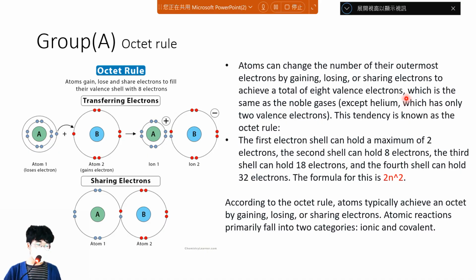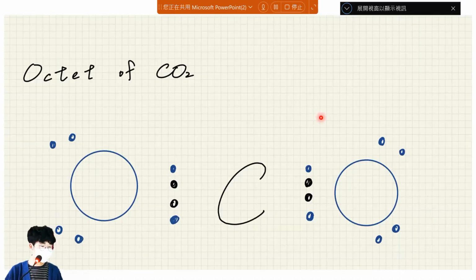In general, the elements that obey this rule include the s-block elements and the p-block elements. The octet rule can be observed in the bonding between the carbon and oxygen atoms in a carbon dioxide molecule, like this.